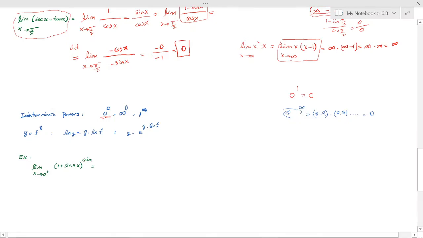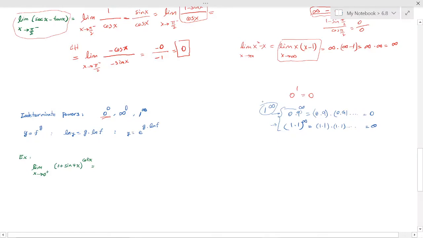On the other side, if this number was something like 1.1 to the power infinity, then 1.1 times 1.1 and so on would be infinity. So there is a huge gap between approaching from the left side of 1 or the right side of 1. So 1 to the power infinity is indeterminate in the sense that we have to figure out which direction we are approaching.